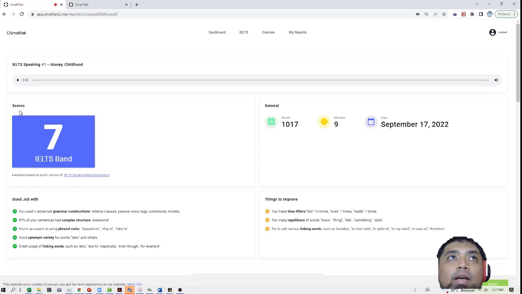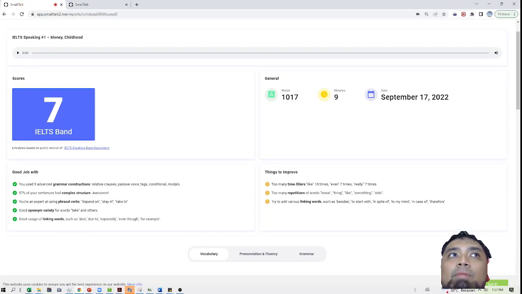Nah, dari report sini kita nanti bisa lihat hasilnya seperti apa. Oke, saya di sini mendapatkan nilai 7. Nah, terus terang pada waktu saya tes IELTS kemarin juga saya dapatnya memang 7 gitu. Jadi memang mungkin ya hasil dari penilaian ini kurang lebih sama dengan evaluator yang sebenarnya. Tapi sebenarnya kalau kita bicara evaluator itu kan subjektif, artinya tergantung dari siapa yang menjadi evaluator itu sendiri. Nah, di sini kita bisa lihat hasilnya adalah 7 ya, terus kita diberikan beberapa masukan ya.